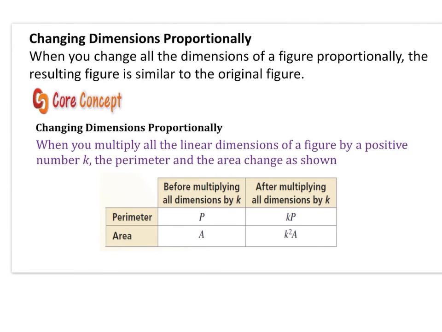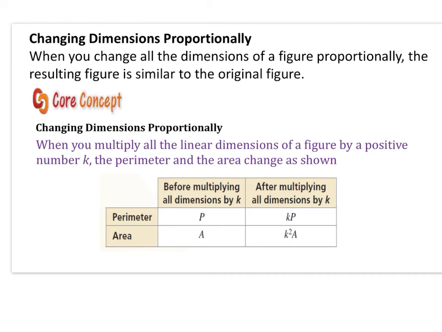All right, so when you change all dimensions of a figure proportionally, the resulting figure is similar to the original figure. So one of our core concepts is changing dimensions proportionally. When you multiply all the linear dimensions of a figure by a positive number we'll call k, then the perimeter and the area change as shown.